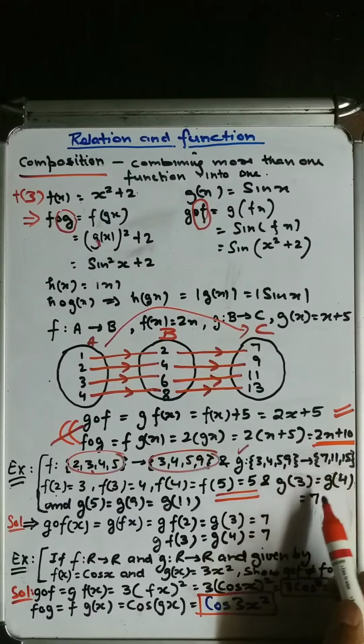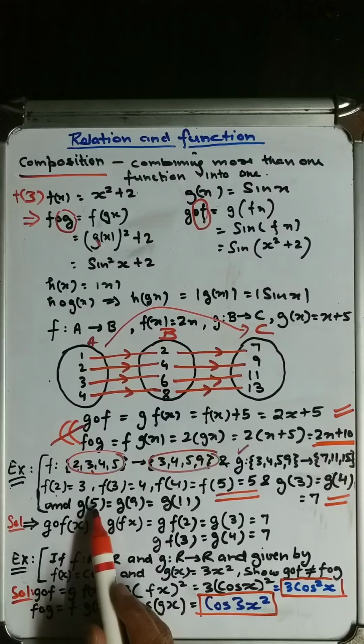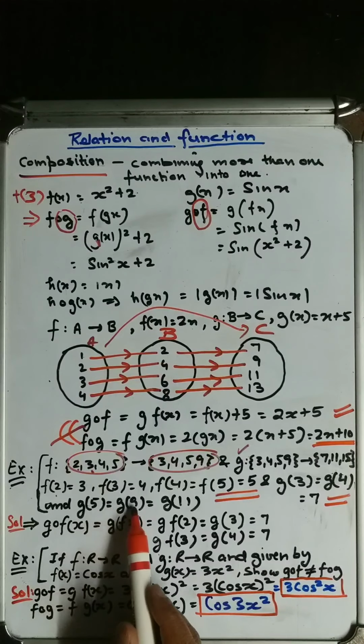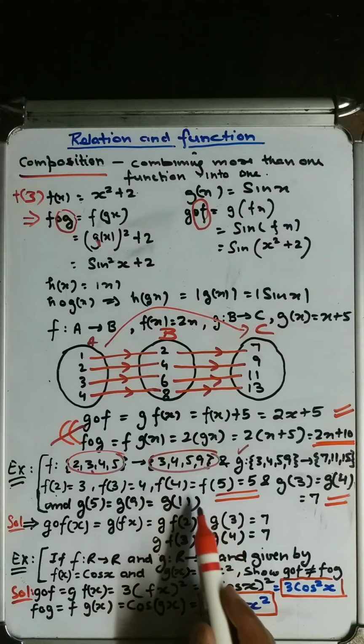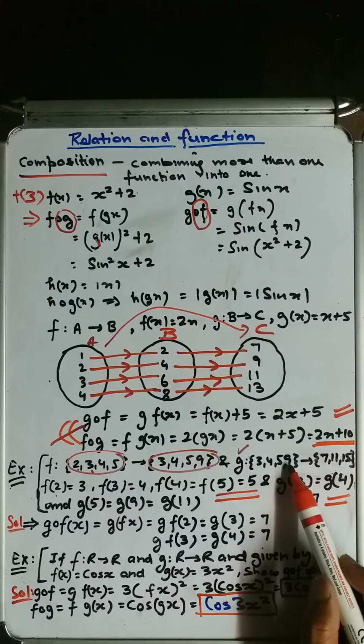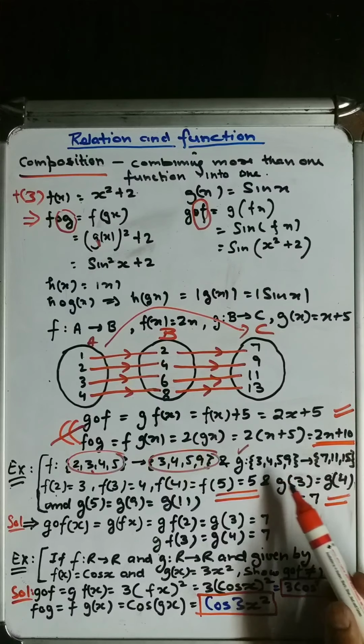In this case, 3 and 4 both are equal to 7. And g(5), g(9) and g(11) are equal. Sorry, they are equal to 11.